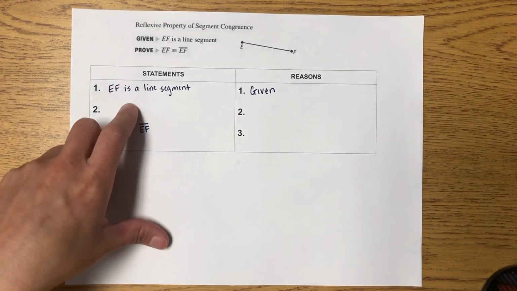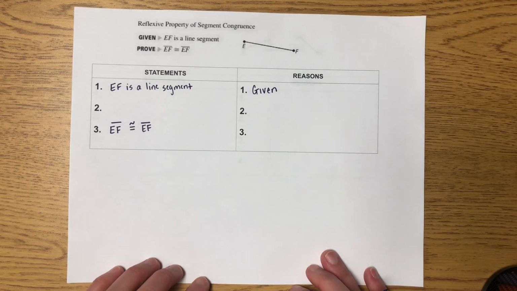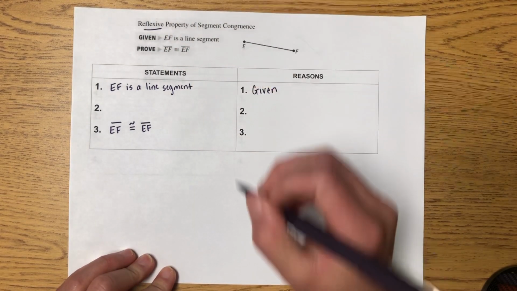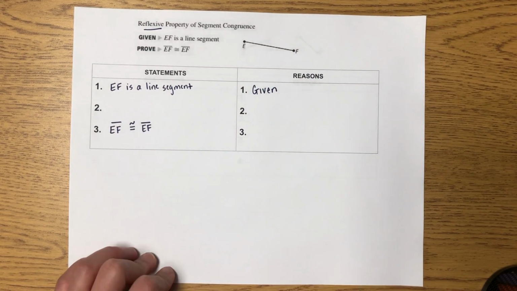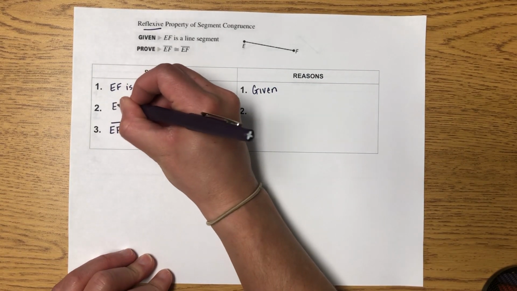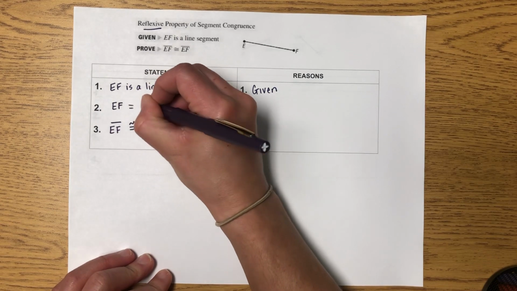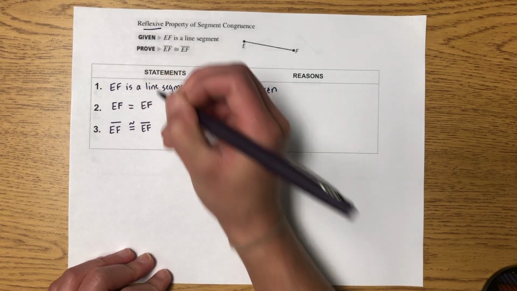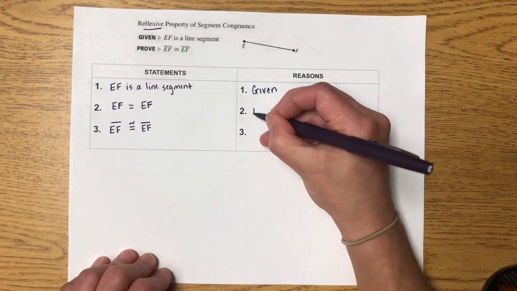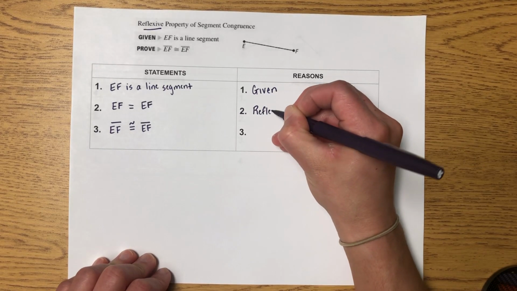So if we know that the line segment is a line segment, EF, we use the reflexive property. So we know that EF is equal to EF using the reflexive property.